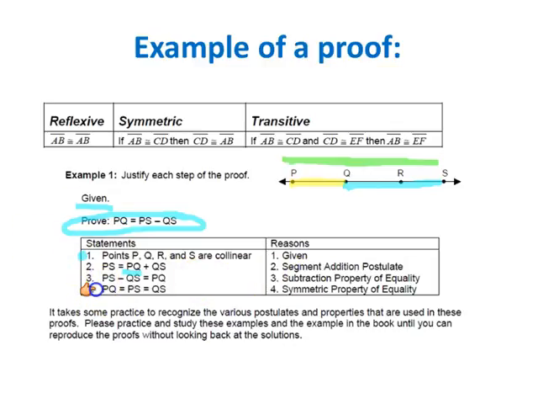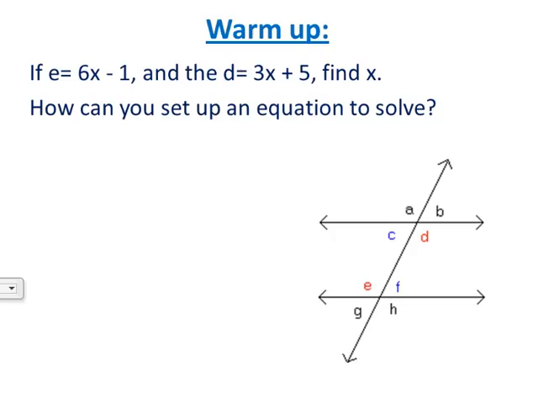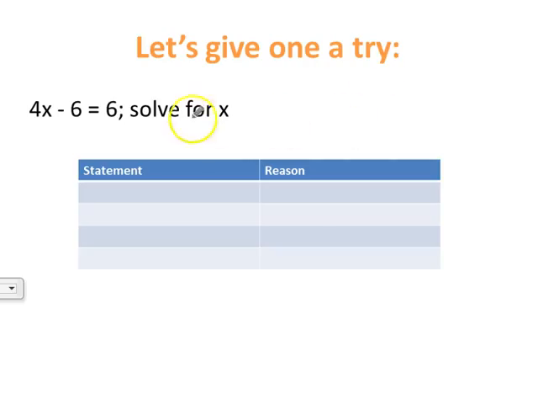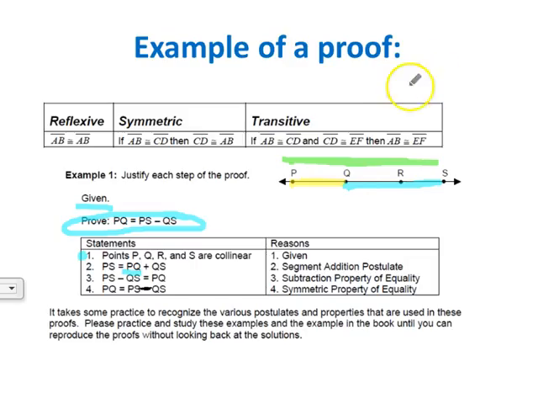And then we can state that QP or PQ equals PS minus QS, that should be a minus sign in there. And we can do that by using the symmetric property of equality. So that's what you're going to be working with this week, is solving or setting up proofs and giving reasons.